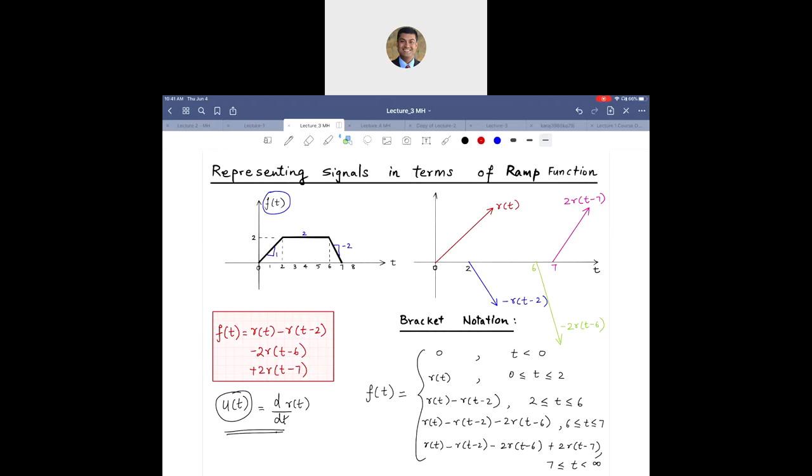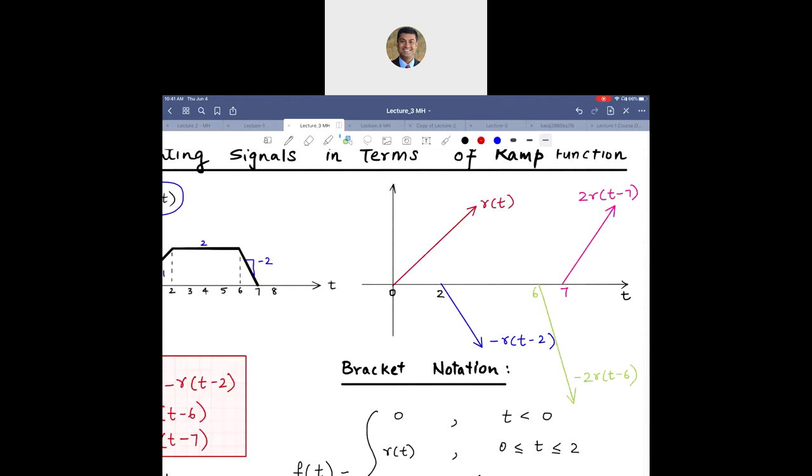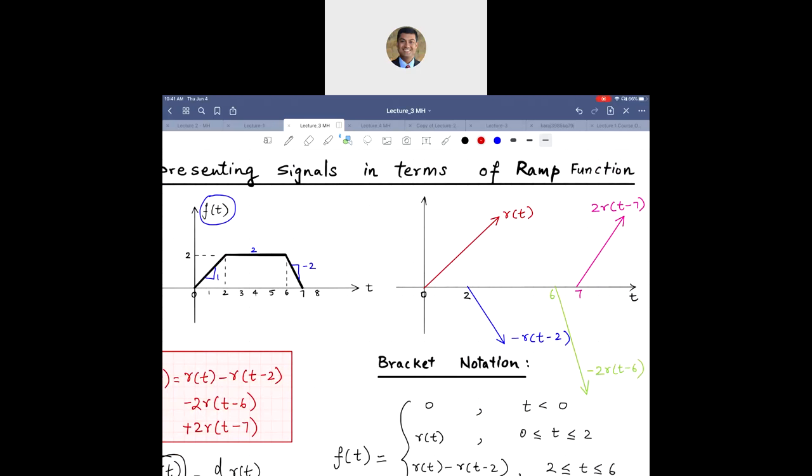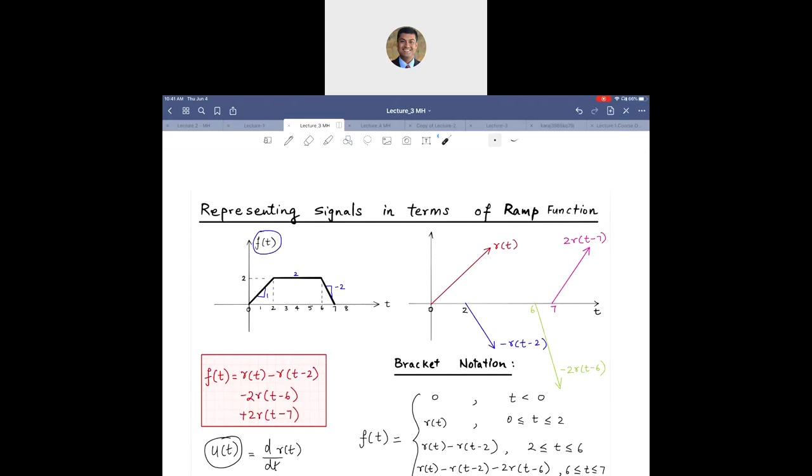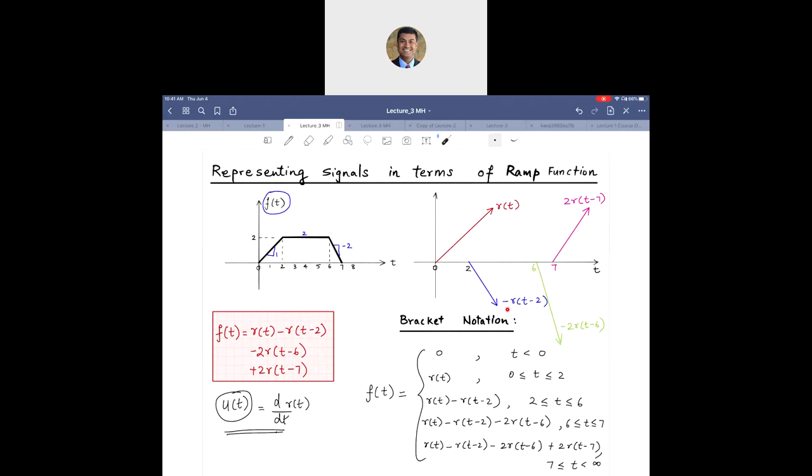Let's see, there's a question about the ramp function slope. Why is this negative? The gradient, so if I have to cancel out something that is increasing with a slope of 1, if I have to cancel that slope out and make it slope 0, then I need something that is going down with a slope of 1.